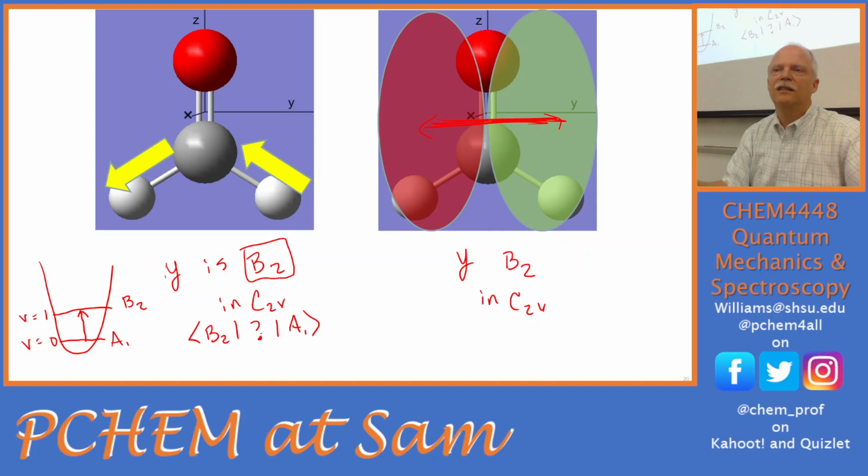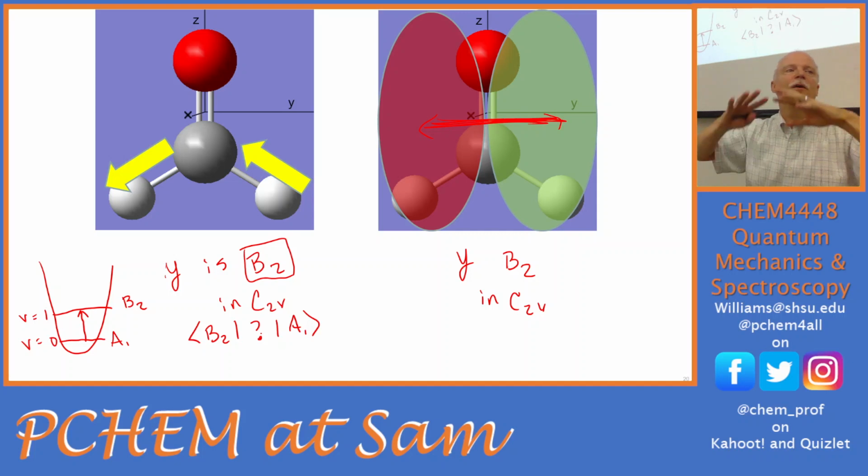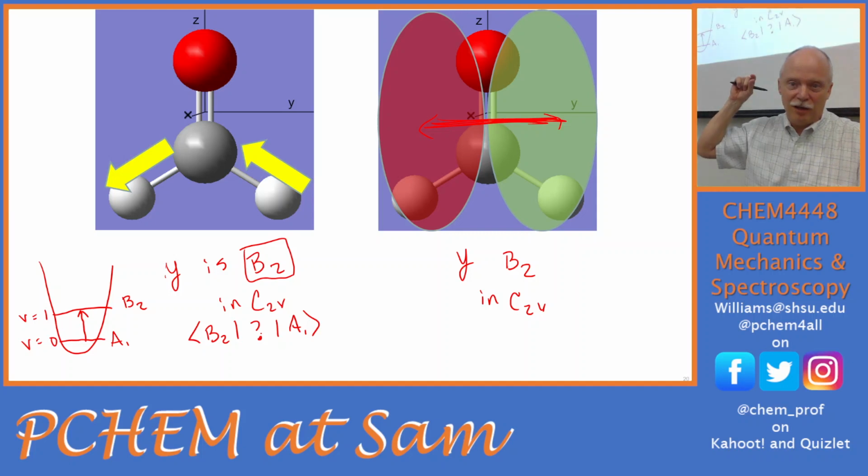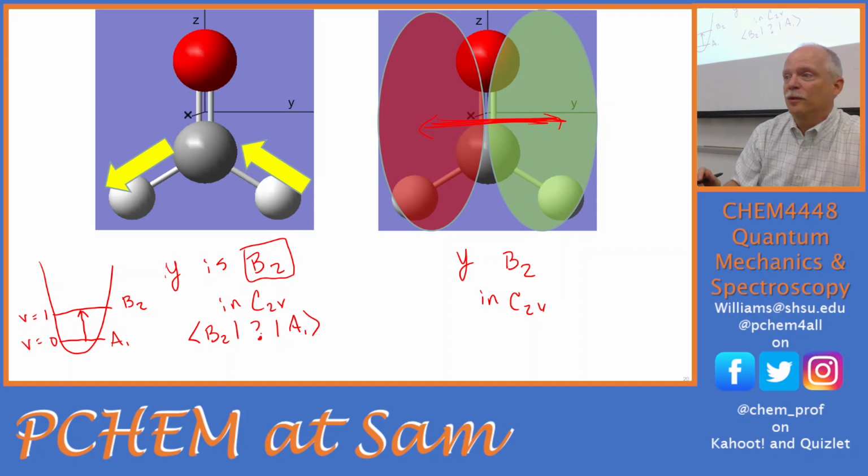That's what we're going to do next time, really focus on, now that we know the symmetries of our orbitals, our lower state and our upper state, what goes in the middle so that we have an allowed transition. And if we can't put any light in the middle that gives us a non-zero result, then that transition's forbidden. Even though a photon of light might match the energy difference, symmetry won't allow it to be absorbed.